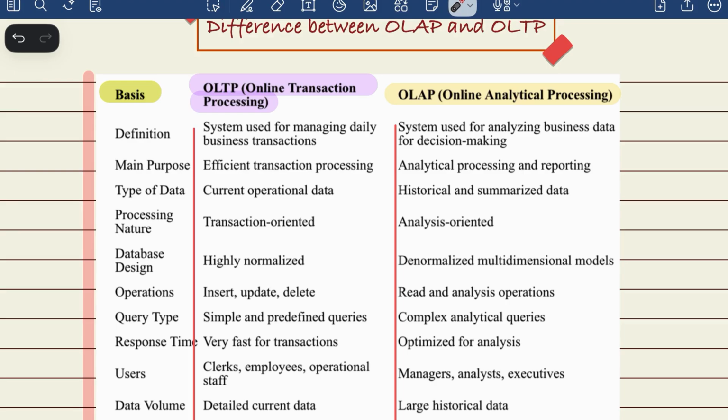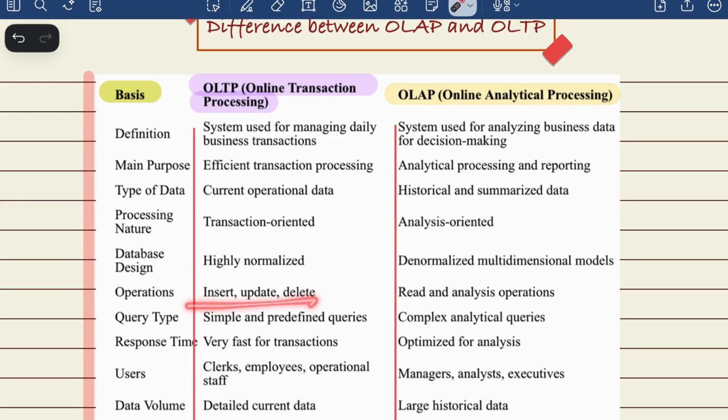All right. And then there are the types of data. So here it is the current data, present operational data, but here we have the historical data. I hope you are able to relate now, because we have discussed it a few times. OLTP is highly normalized, so there is no repeated data, but there are particular times when we denormalize the data in a multidimensional model.